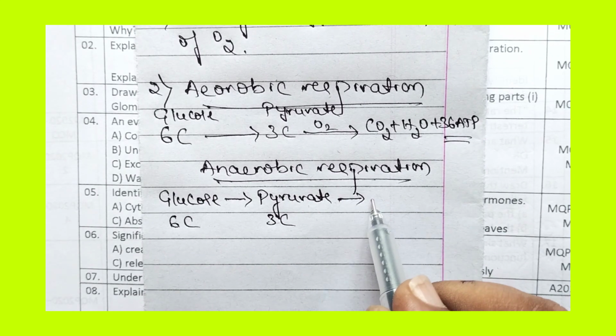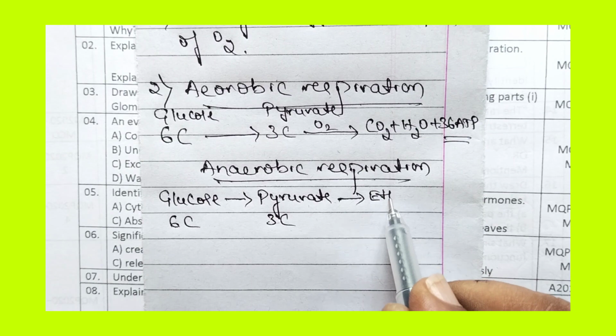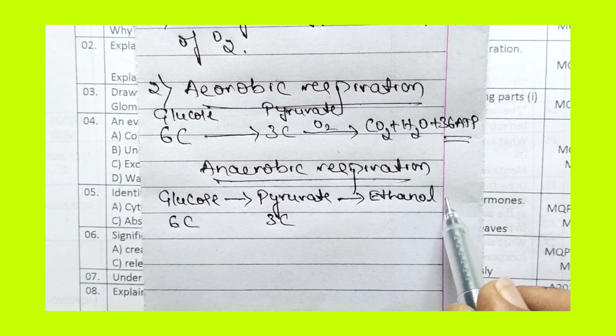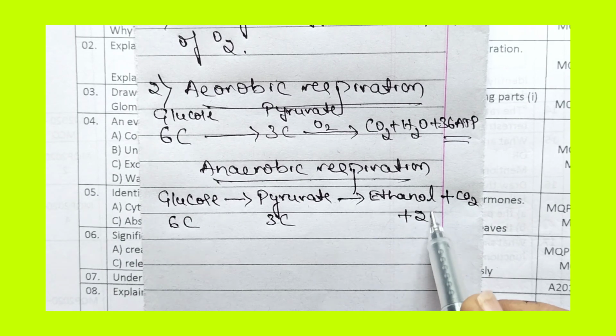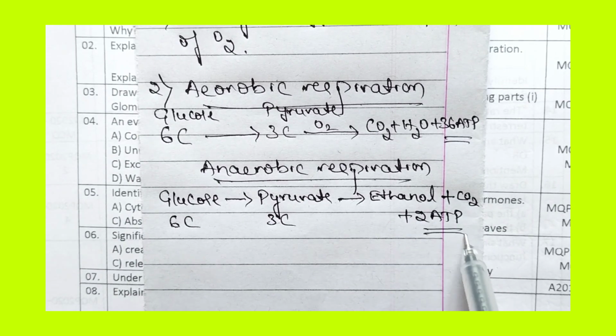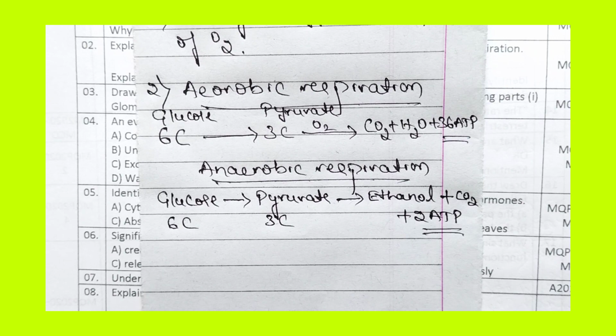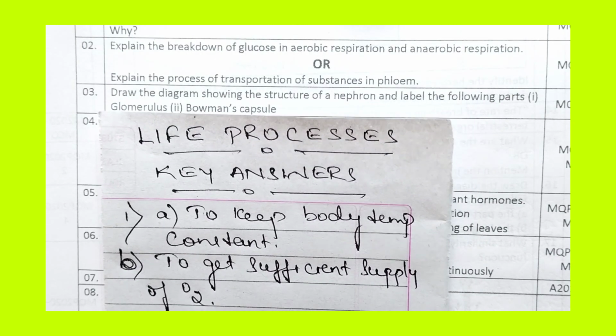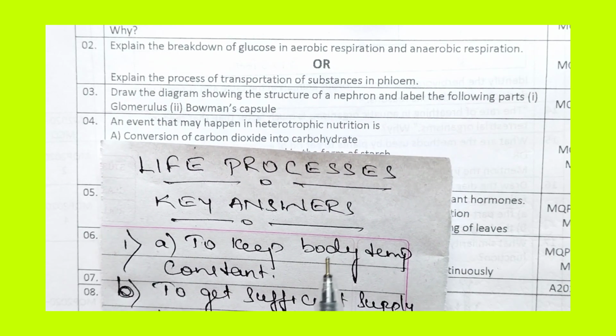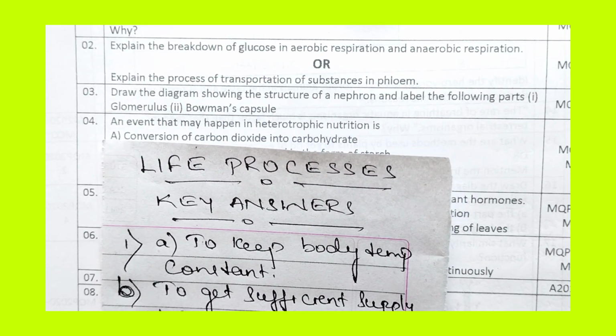Pyruvate, in absence of oxygen, is converted into ethanol plus carbon dioxide, and it releases 2 ATP of energy. So this is about aerobic respiration and anaerobic respiration that takes place due to the breakdown of glucose.